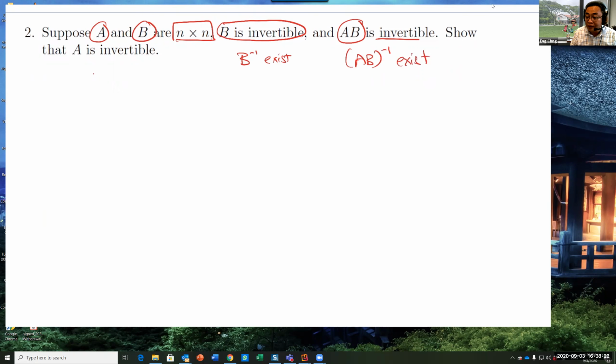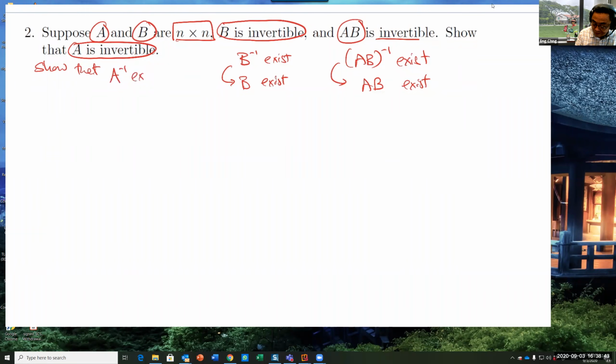Actually, please remember that when he tells you that B inverse exists, he also implies B exists. Here it also implies AB exists. Now, the problem is to show that A inverse exists.